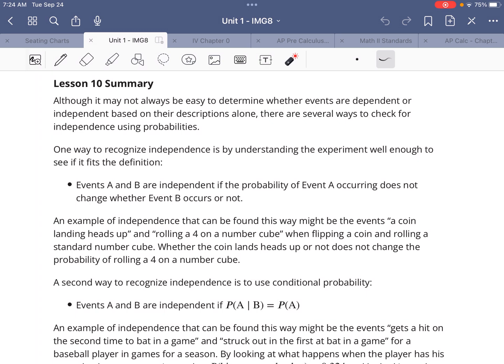Another situation where the first event does in fact affect the probability of the second event, where they're dependent, would be something like drawing colored marbles out of a bag. Let's say you got red, blue, and green. You pull one green marble out of the bag and you leave it out.